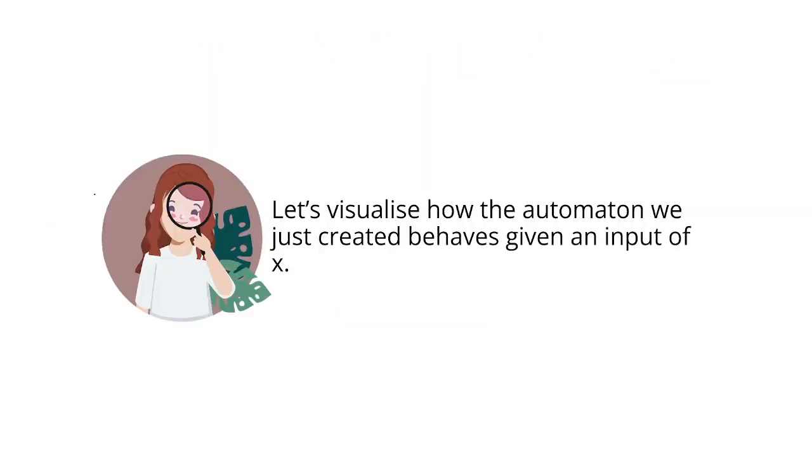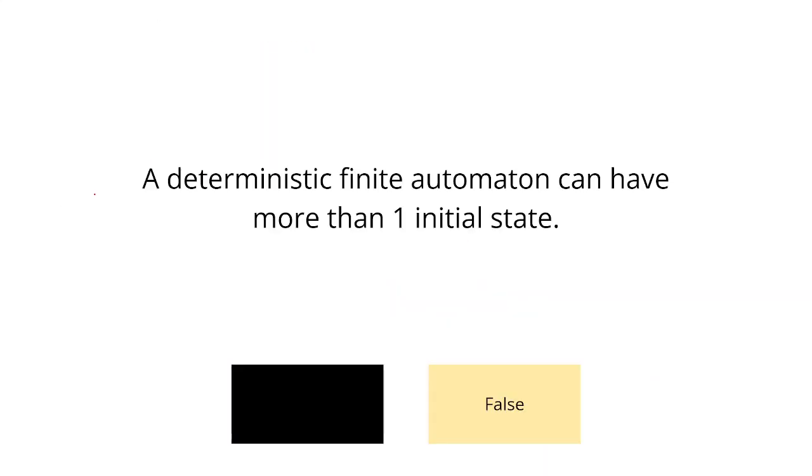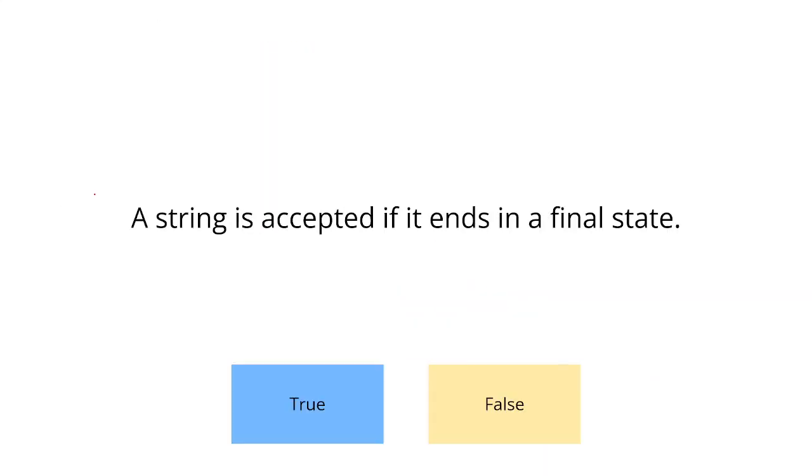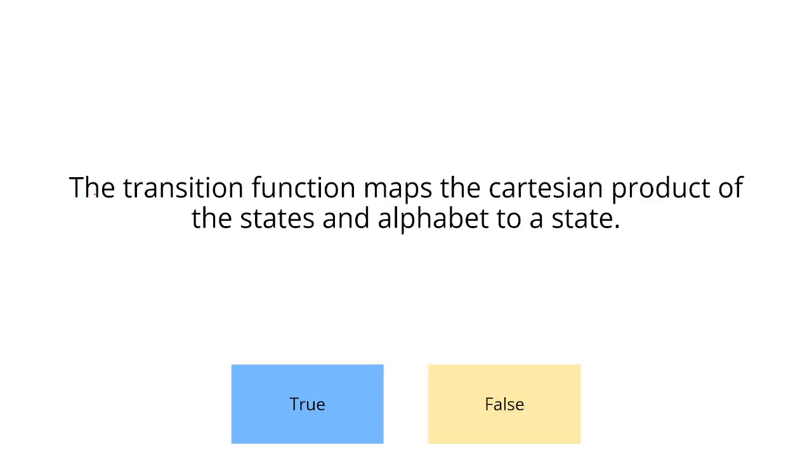Next. A string is accepted if it ends in a final state. True or false? True, sir. Okay. True. Next. The transition function maps the Cartesian product of the states and alphabet to a state. Correct?